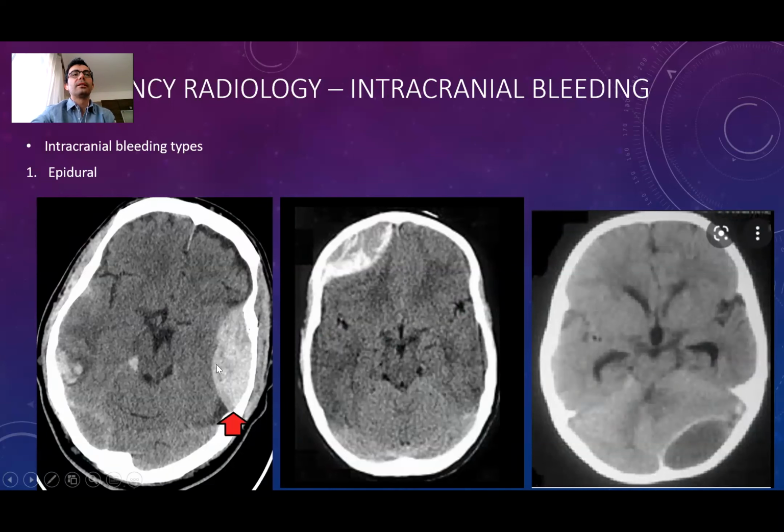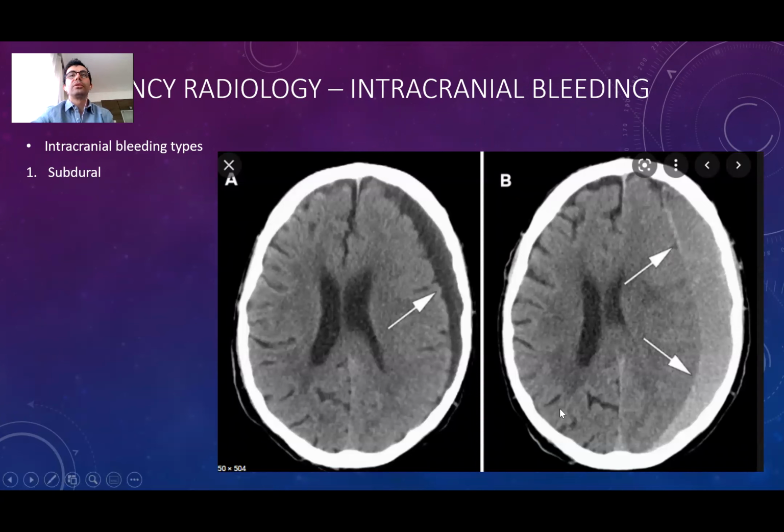These are epidural hematomas. This is an epidural collection. When we see a very bright collection, we always suspect a hematoma. When we see a low density collection, we are more likely thinking of chronic processes, like a chronic epidural hematoma, which rarely happens actually.